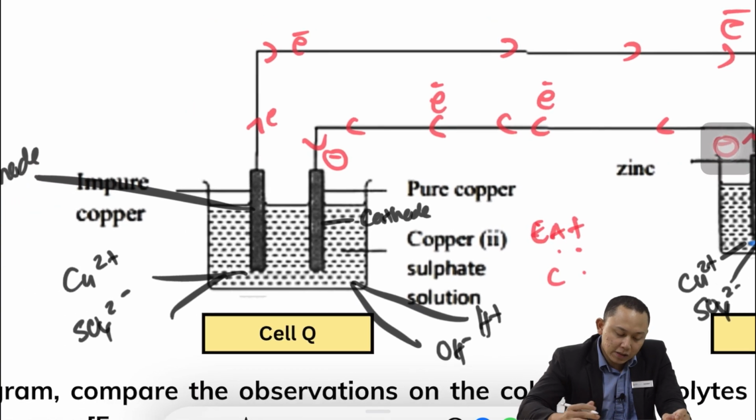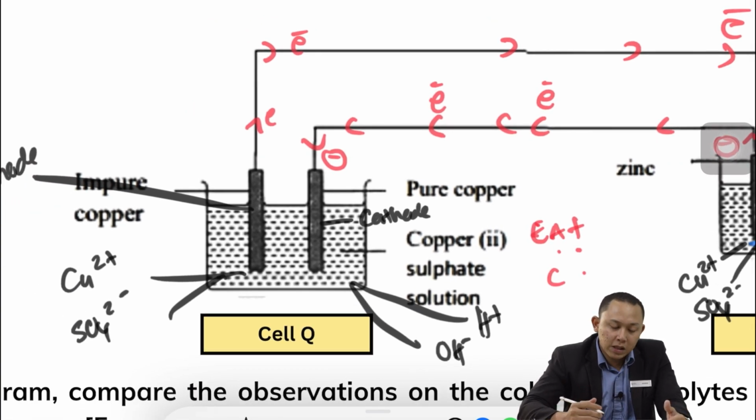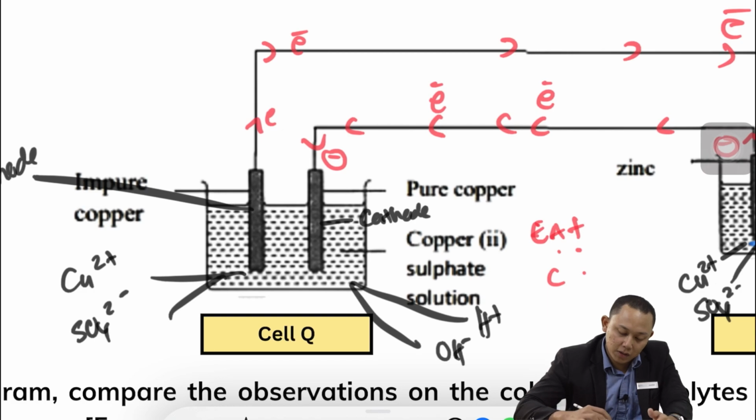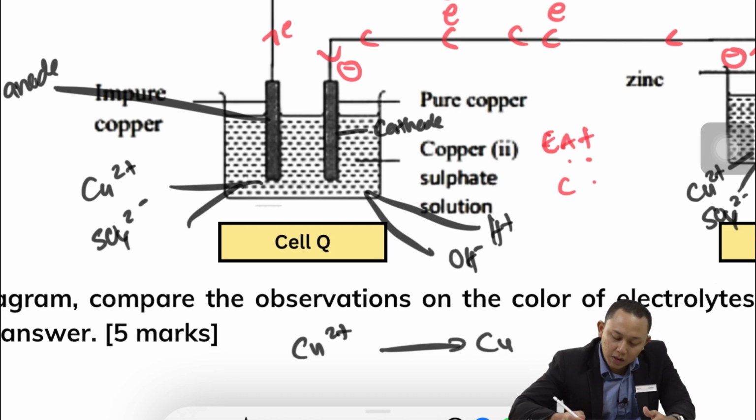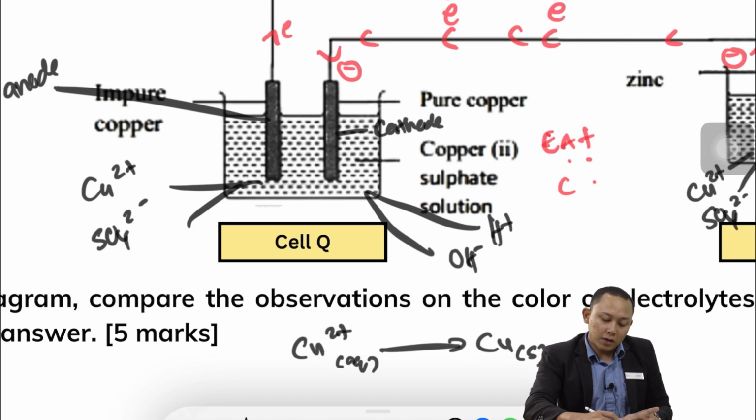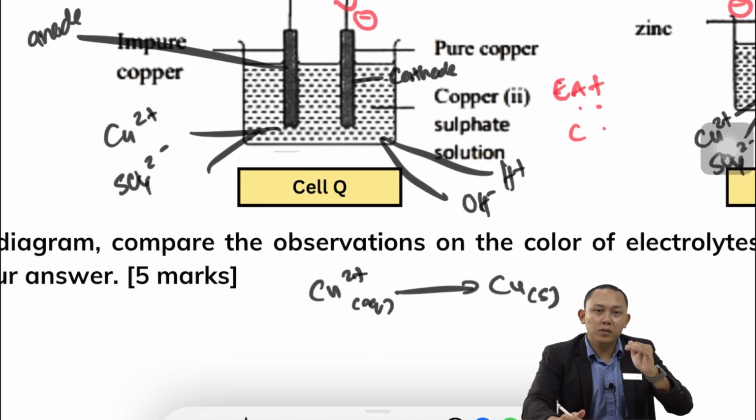Between H+ and Cu2+, Cu2+ will be chosen to discharge to become a Cu atom. Between H and Cu, Cu is less electropositive, so that is why Cu2+ will gain the electron compared to the hydrogen.